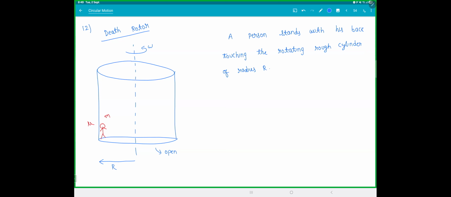If you rotate very slowly, the man will slide down and fall down. But there is a minimum omega. Find omega so that he does not slip down. Are you guys able to visualize the picture? Let me show you something. It's an easy one, a standard question, but getting the idea is important.